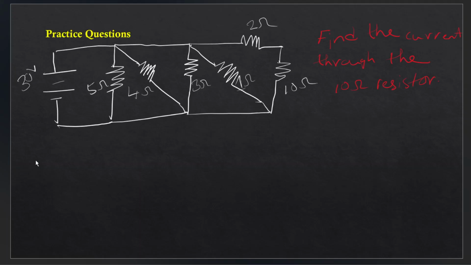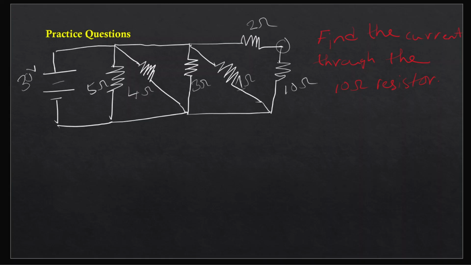Let's move on to another question. Now this is a mixed circuit. We have series connections and many parallel connections. We have to find the current through the 10 ohm resistor. Notice that this 2 ohm resistor and 10 ohm resistor are in series, and in series the current divider doesn't work.